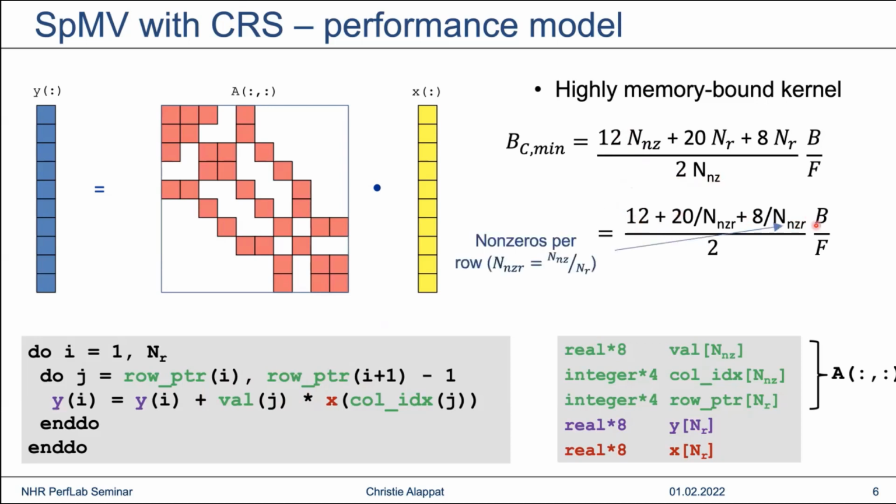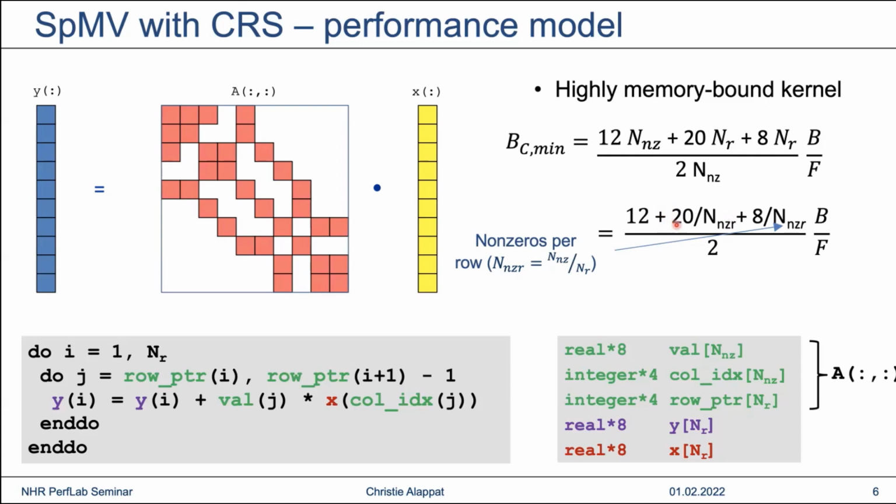And here the NNZR parameter is nothing but the average number of non-zeros per row of the sparse matrix, and is given by NNZ divided by NR. And typically for sparse matrices that we encounter, the NNZR values range from 10 to 100.